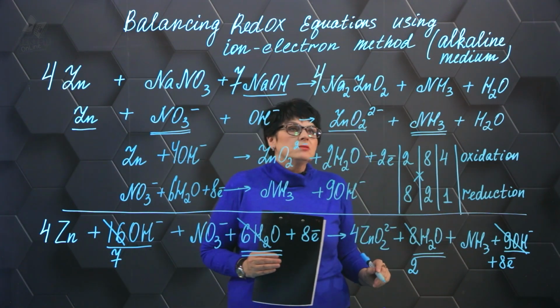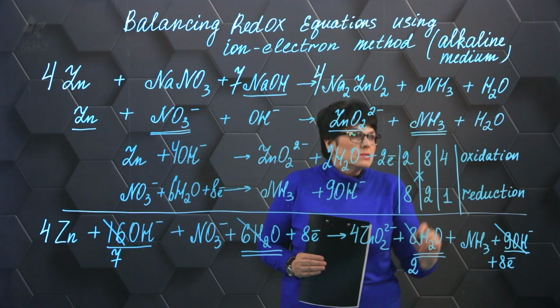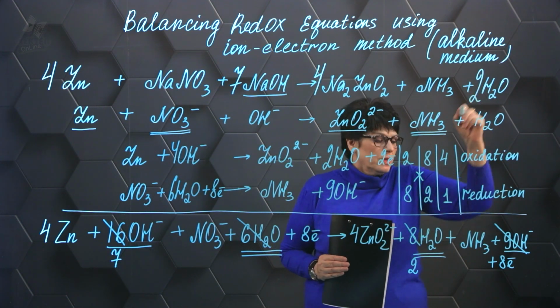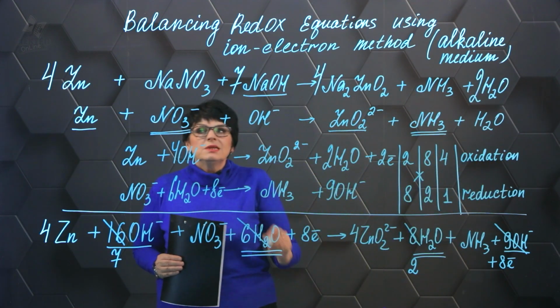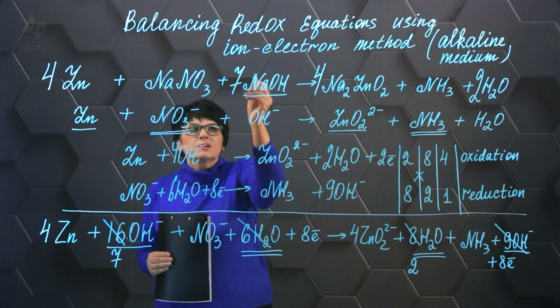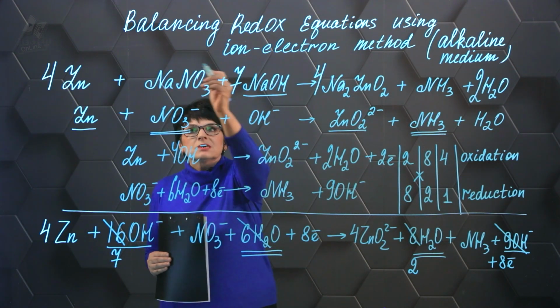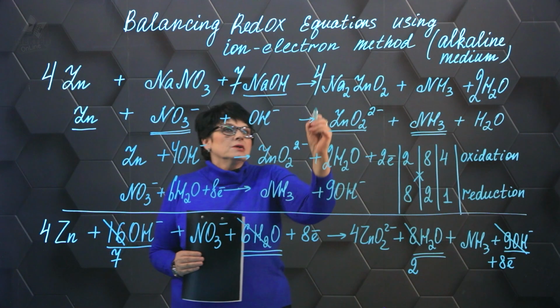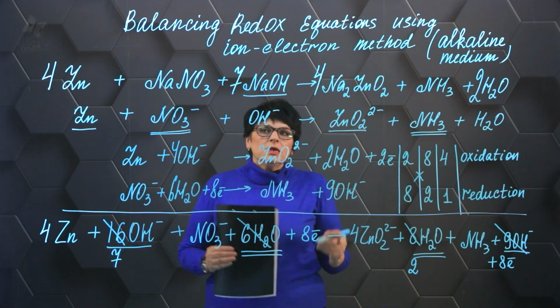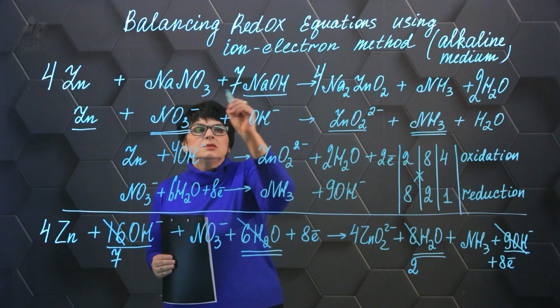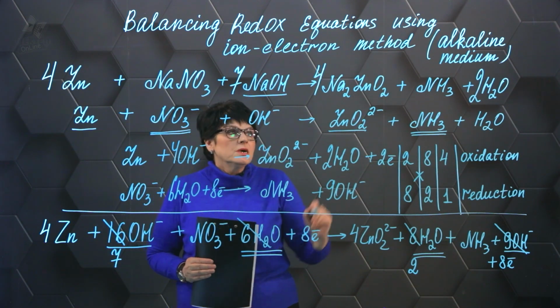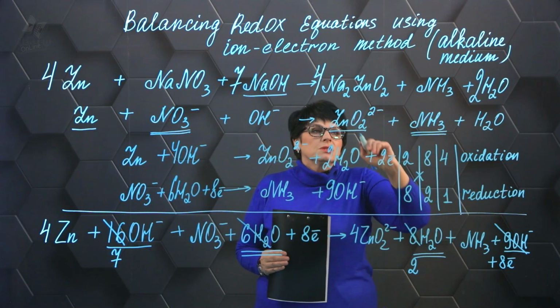So in front of the sodium, 2 zinc O2, 4, 2 for water, ammonia 1. Now we need to check. On the left side did not participate in the process sodium. On the left side of sodium 8, on the right side 8. And as usual, we check on oxygen. On the left side 3 plus 7, 10. On the right side 4 by 2, 8 plus 2, we get 10.